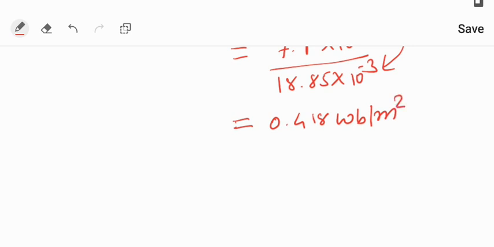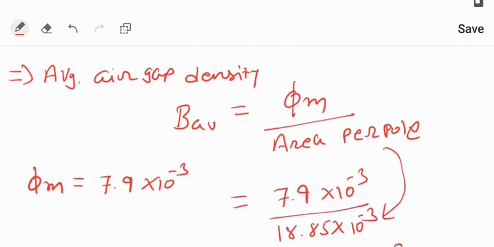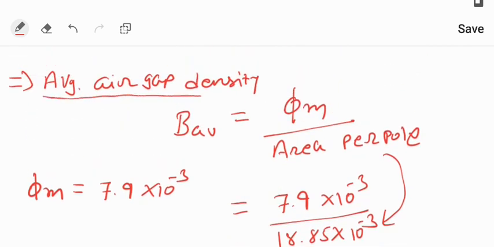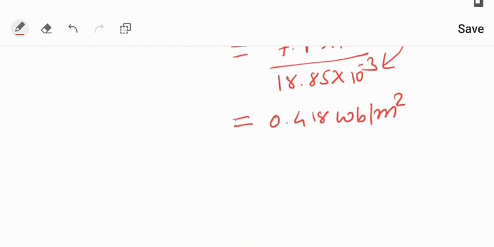What we found here is the average air gap density, BAV, that is 0.418 Weber per meter square. Then next we will find the gap flux density at 30 degree from pole axis.